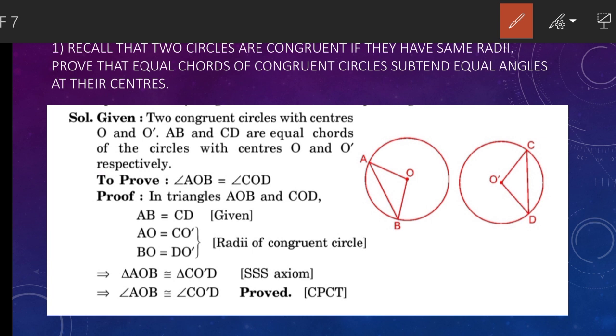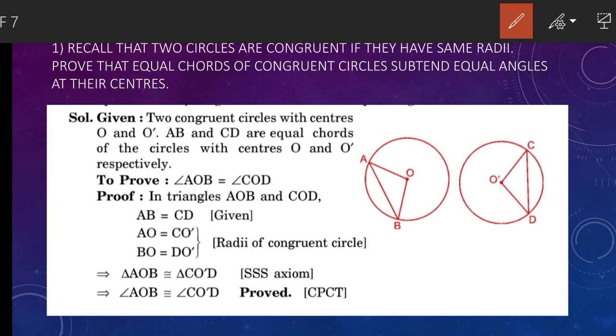Now the proof that is given, we are doing that part. Recalling this part is that you have to remember what a congruent circle is. Prove that equal chords of congruent circles subtend equal angles at the center. In the question, it is given that the circles are congruent.